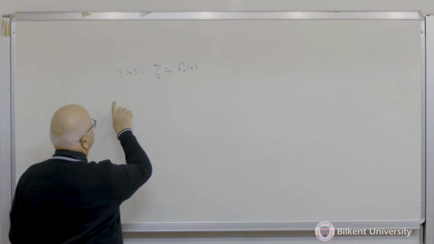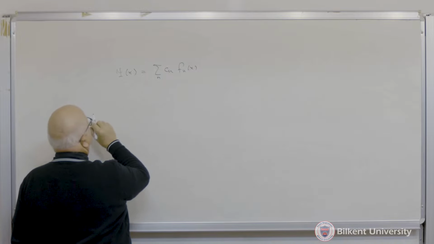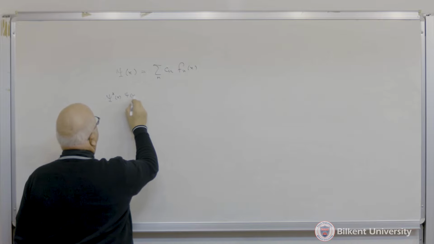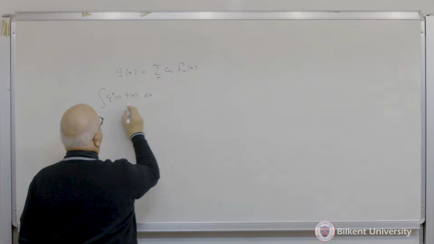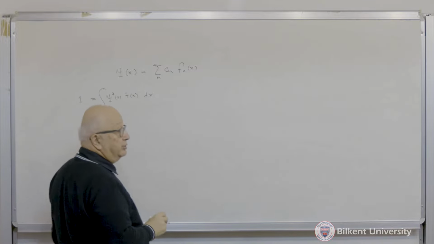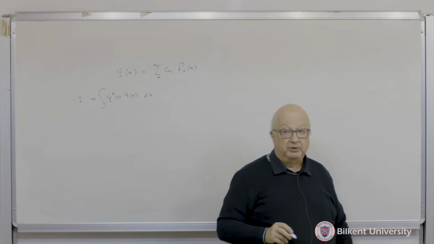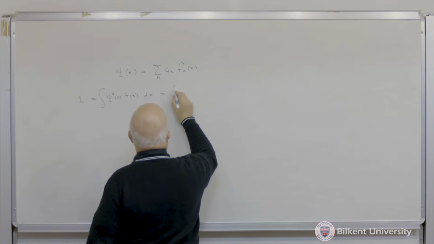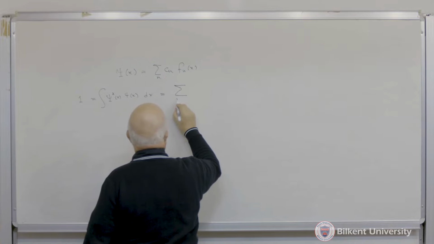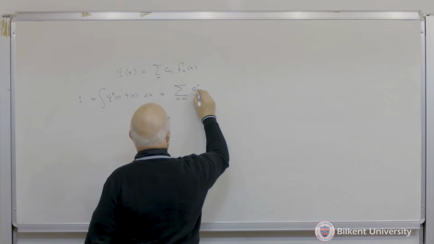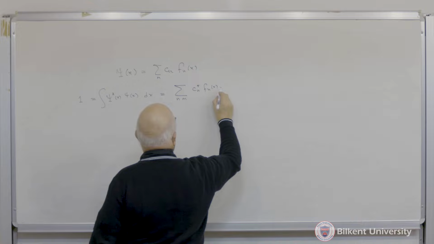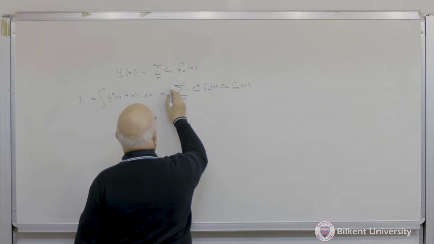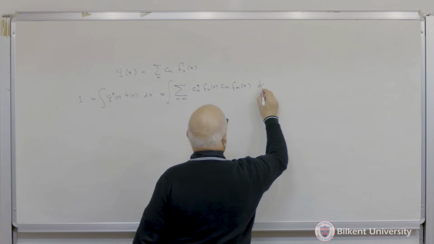First of all, let's just see what is going on with the normalization. So the integral of psi star of x, psi of x dx is something that I normalize so that it's always equal to 1, because it's the probability density. So on the right-hand side I have to multiply two series, so I need two indices, n and m. So c_n star f_n of x, c_m f_m of x, and I have to integrate this dx.